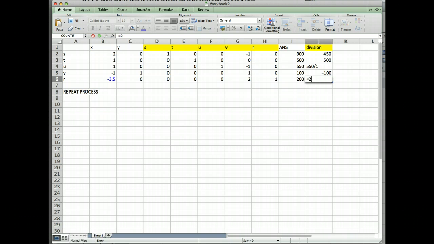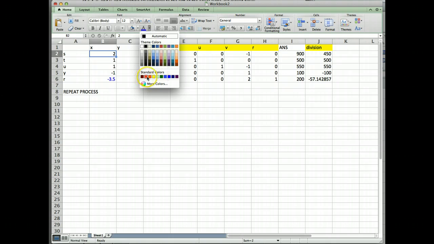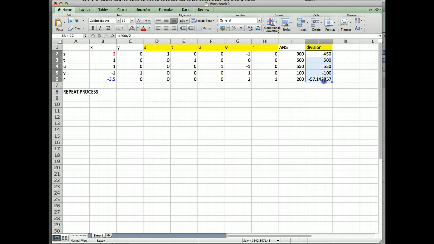And 200 divided by negative 3.5. Now we're looking for the smallest positive number. Well, there it is. Color that red. I'm just going to get rid of the division so we're not confused by that little scrap work over there. Okay.